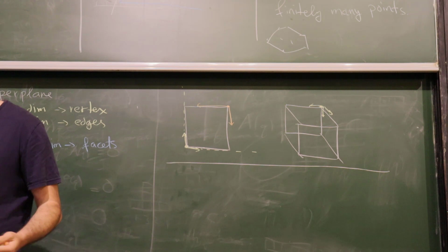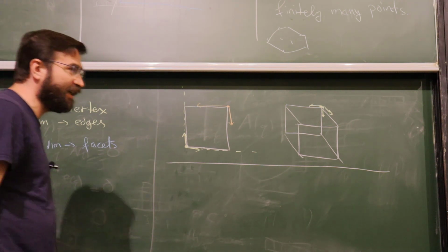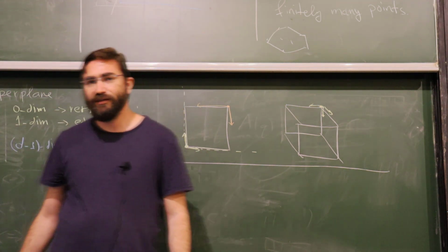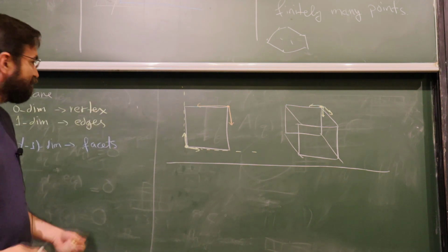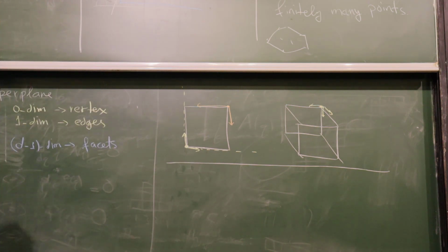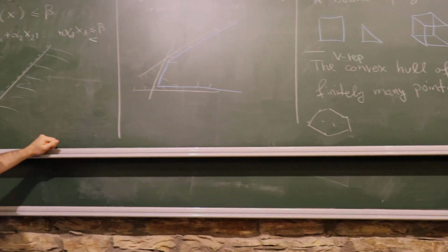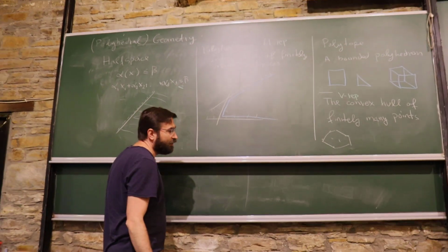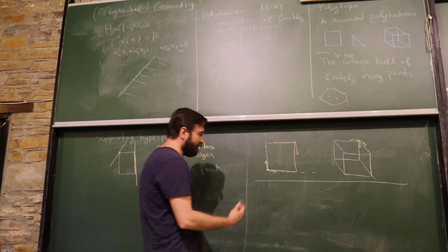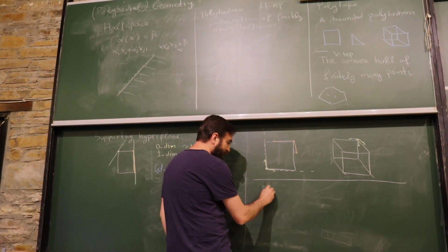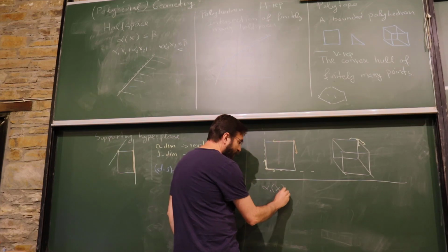How are we going to connect polyhedral geometry to anything else we discussed this week? Well, the first thing I said was we started with a half space, which is defined by a linear functional. Okay. Then what is a polyhedron?